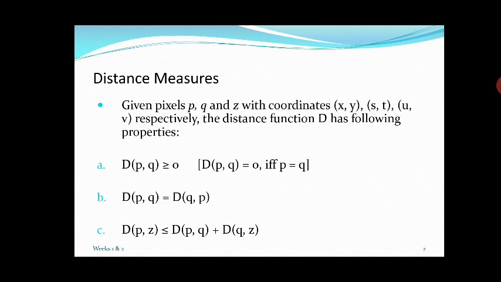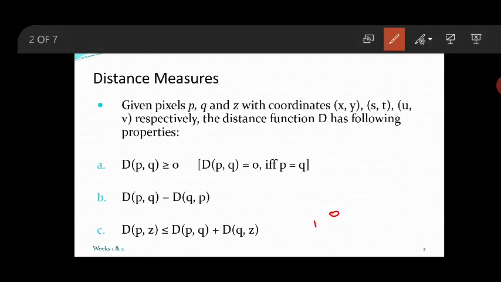Now, there is a point about distance measures, in which the distance between the adjacent pixels will be considered as 1. Let us assume that we have pixels P, Q and Z. The coordinates of P, let us consider, is x comma y.